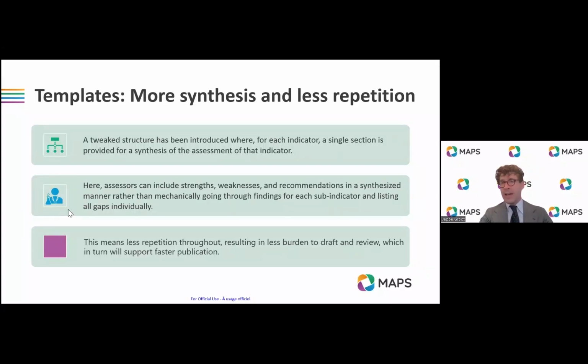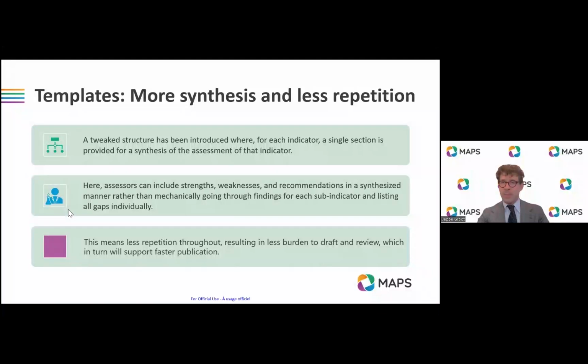This means that we will have less repetition in the assessment report, and the assessment reports will be less burdensome to draft and review, which should provide us with a swifter turnaround time for reports. Of course, we still have all those granular details in the indicator matrix. Each and every assessment criterion is described in the indicator matrix, but at the level of the report, we will now have a much more synthesized approach. This is reflected also in the guidance comments in the report template, which stress this synthetic approach to report writing.